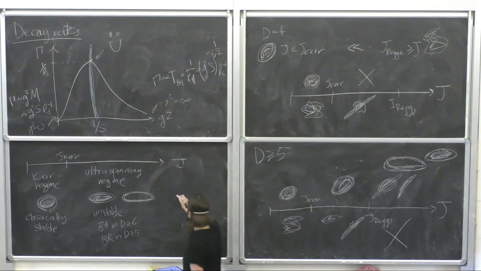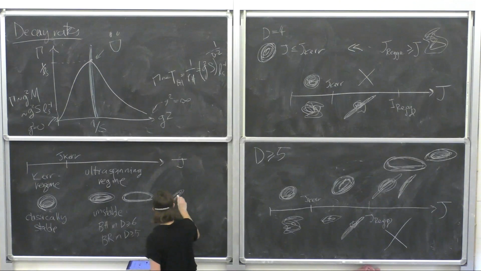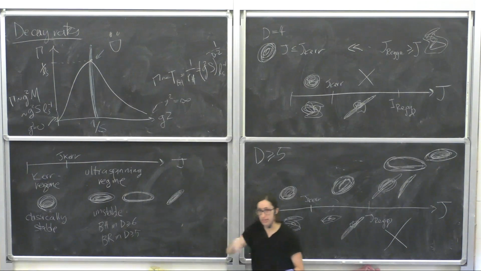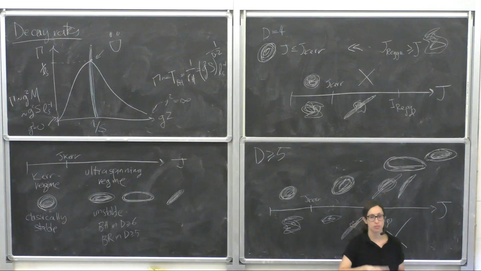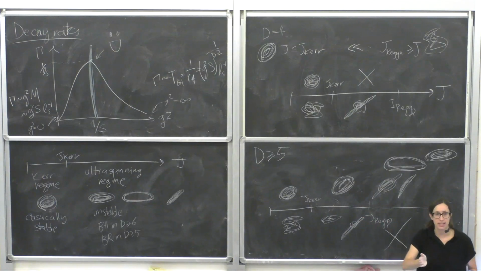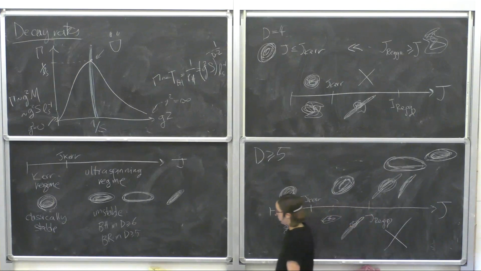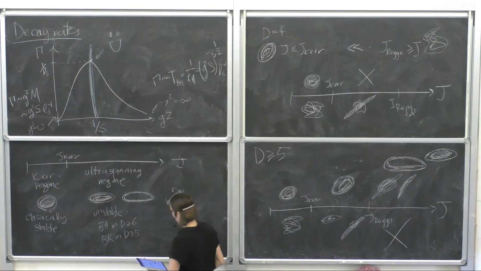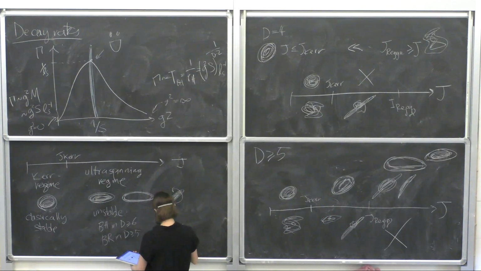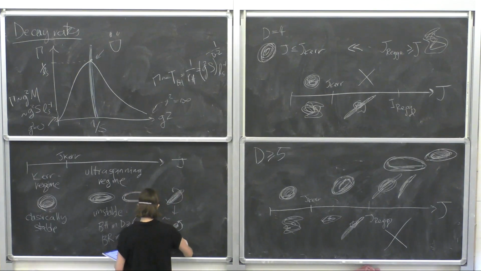So I told you that there are these objects that look like bars, and these bars spin very rapidly. Now, what's a bar that spins very rapidly? It's like an antenna. And what does an antenna do? It radiates like crazy. So it wants to shed off its angular momentum by radiating stuff.